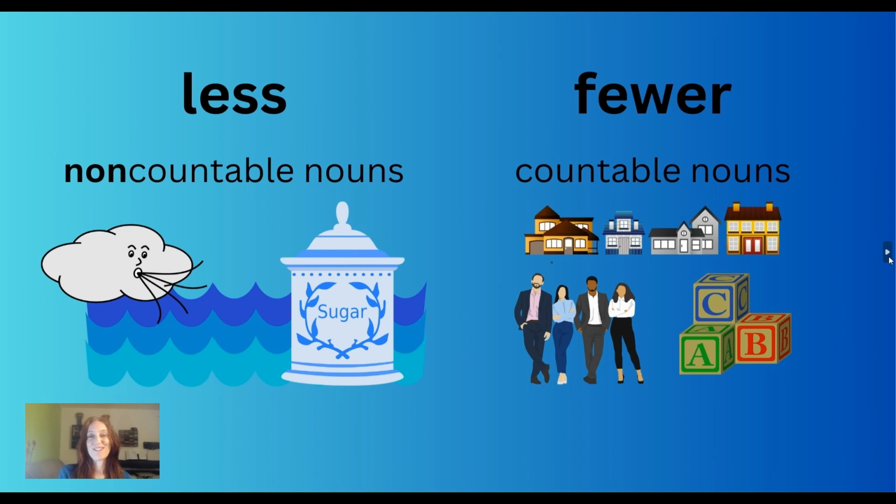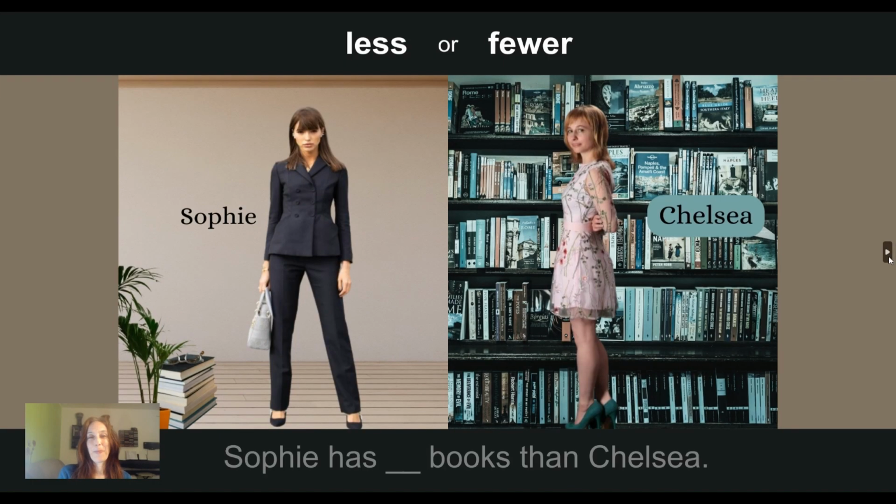Let's try a few exercises. Sophie has books than Chelsea. Can you count books? Well, Chelsea has a lot, but technically you can count books. 1 book, 2 book, 3 books. So we would use fewer.